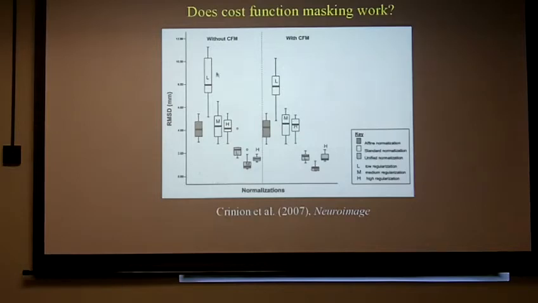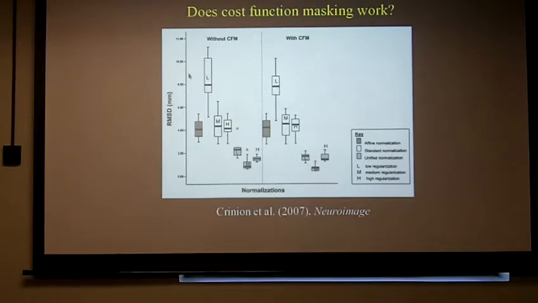So this is one evaluation study done by Crinion et al. The left panel shows normalization results. This is the normalization evaluation outcome metric, root mean square distance.